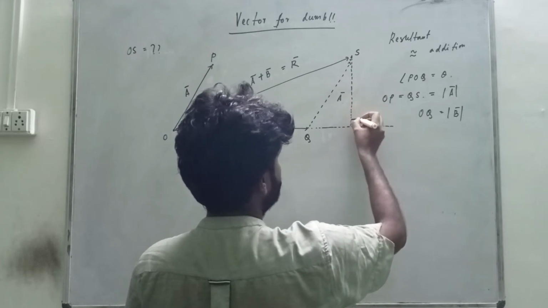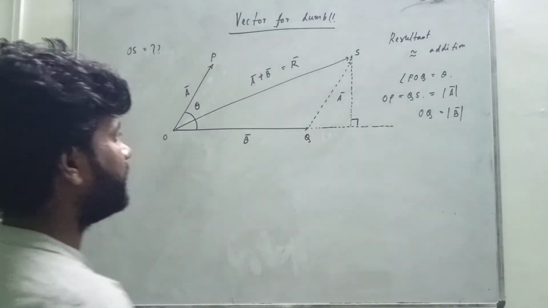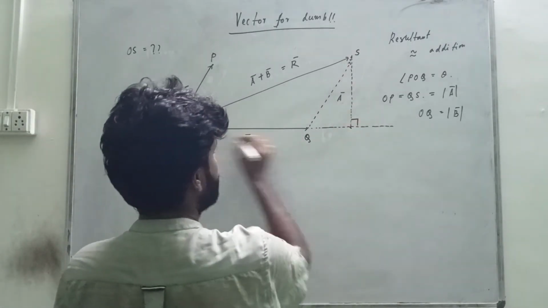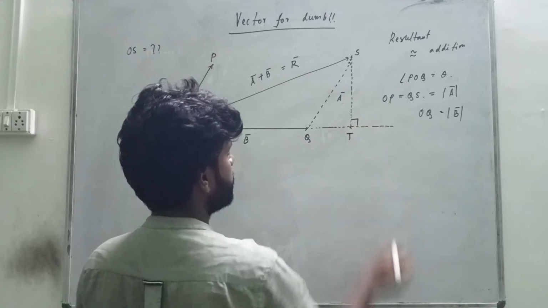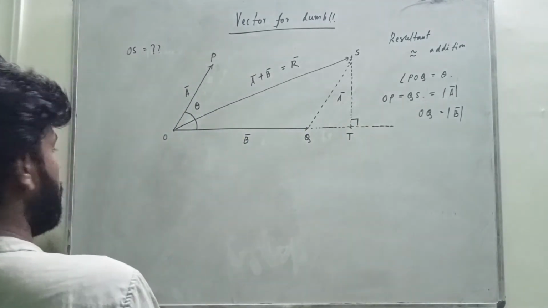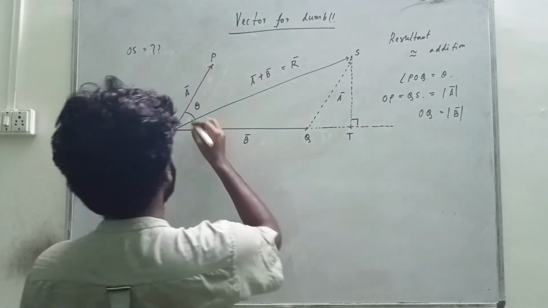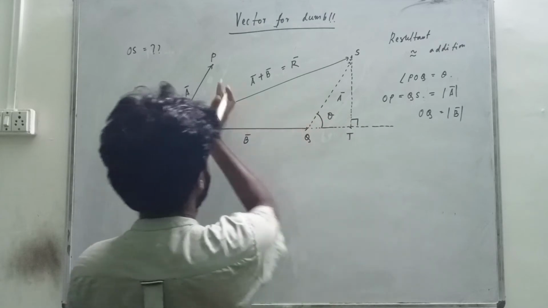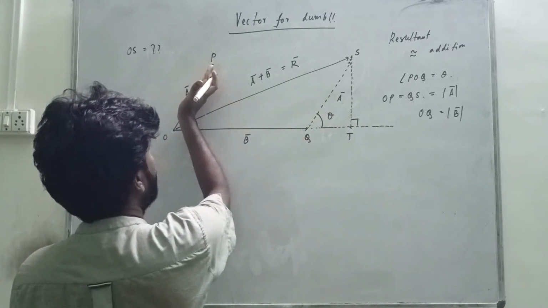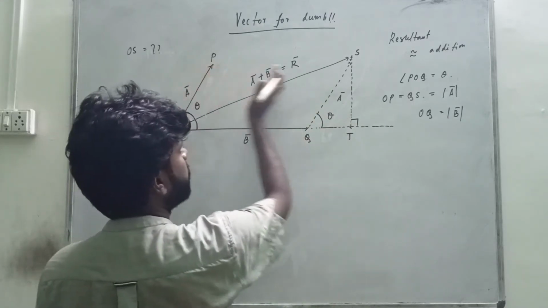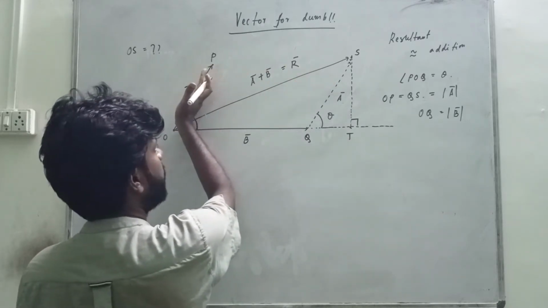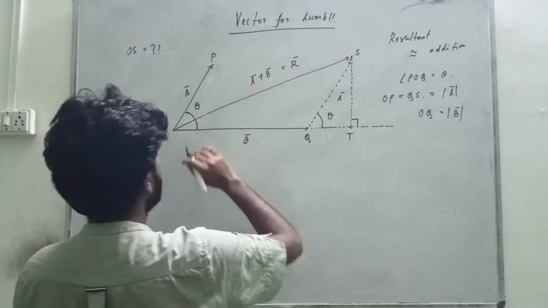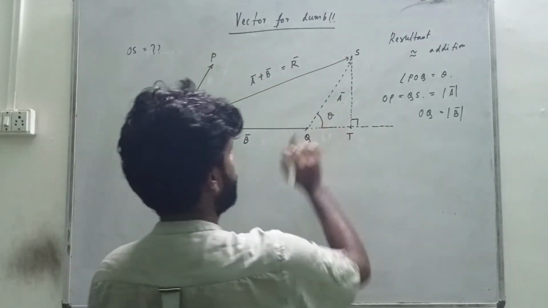Just name the intersection of this perpendicular and this extended line T. And obviously, if this is theta, then this is also theta because OP and QS are parallel straight lines.